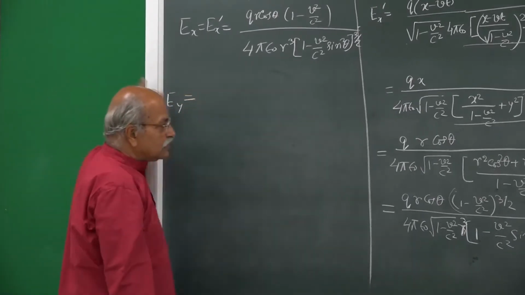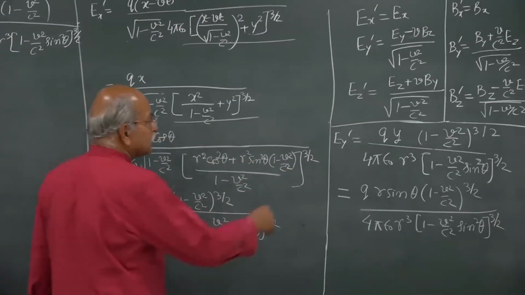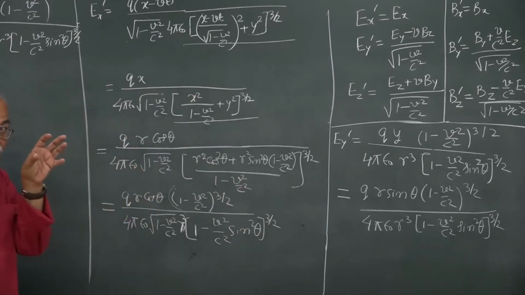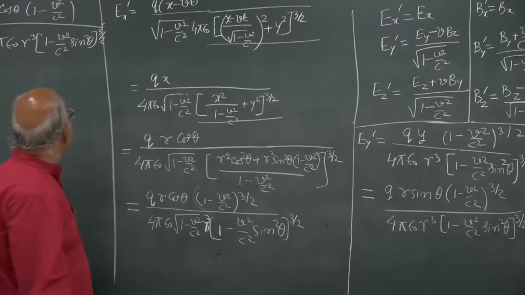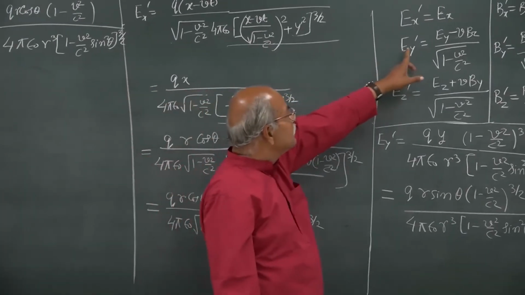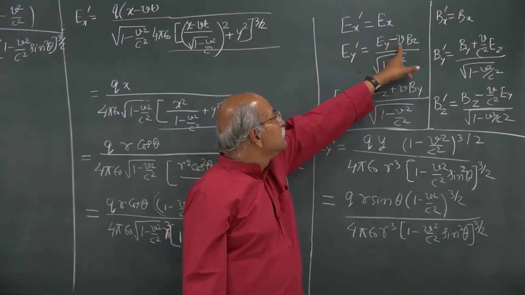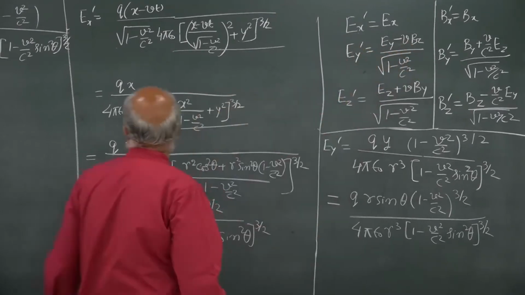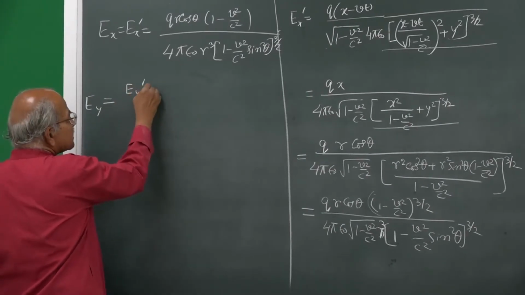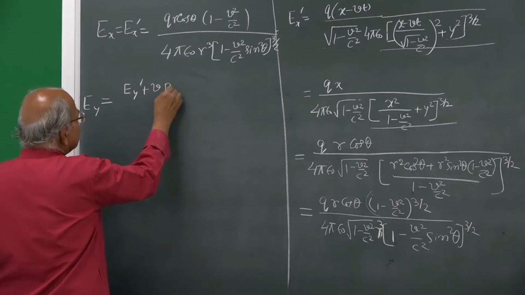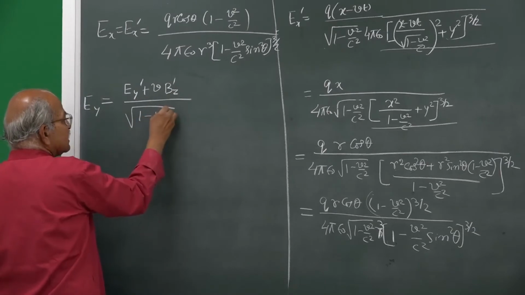Ey is equal to, here is Ey prime, and remember B is 0, B prime is 0, because in S prime frame the particle is at rest. So, Bx, By, Bz primes are all 0. So, for Ey the equation will be Ey equal to Ey prime plus V, then Bz prime, divided by square root 1 minus V square by C square.